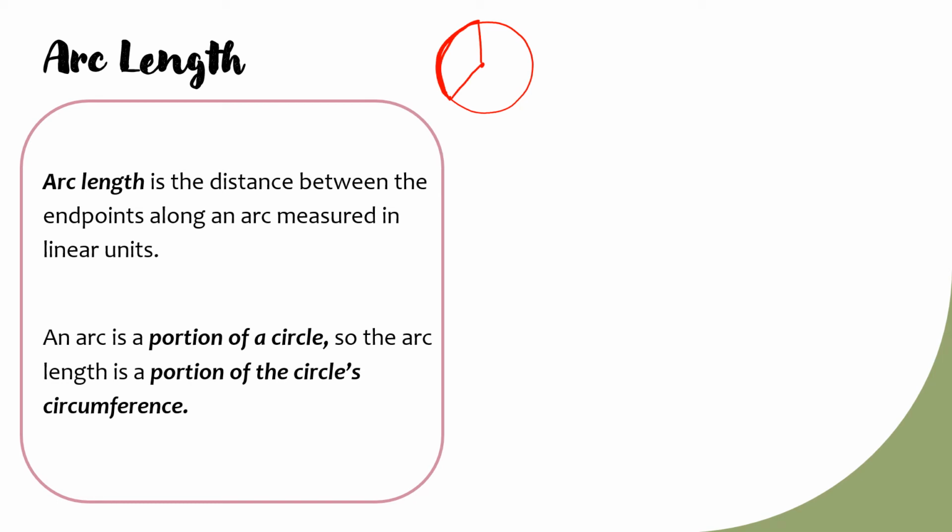That is a piece of my whole circle, just like my central angle is a piece of 360 degrees. We're really taking this idea and expanding to how much of my circle's circumference this arc is taking up. So let's look at our proportion.